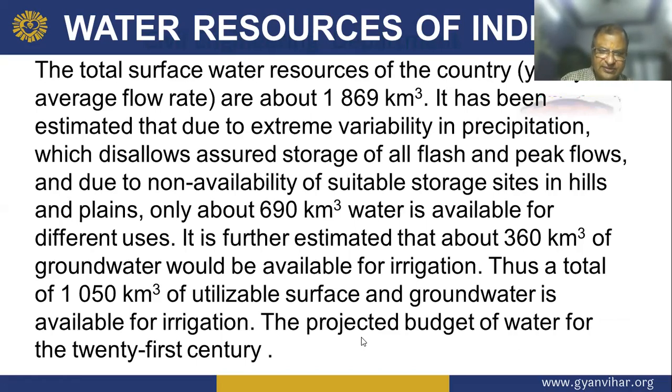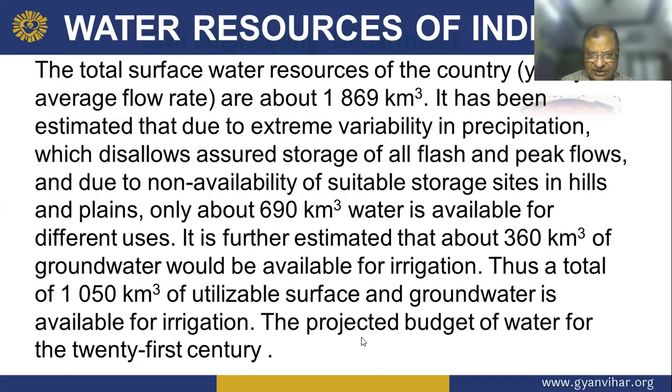It has been estimated that due to extreme variability in the precipitation, which disallows an assured storage of all flush and peak flow, and due to non-availability of suitable storage sites in the hills and the plains, only about 690 cubic kilometers of water is available for the different uses.